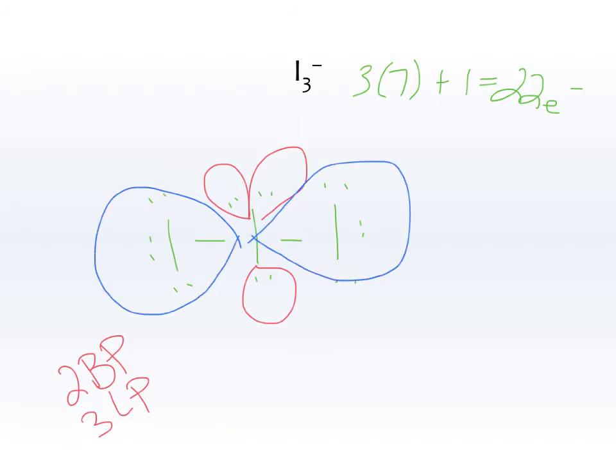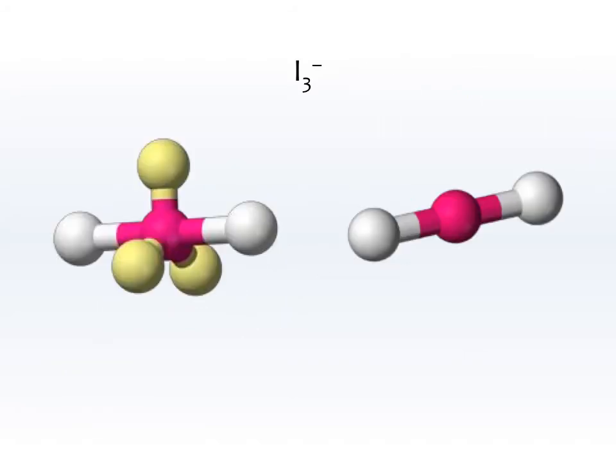So we have that basic trigonal bipyramidal shape, except that now 3 of our atoms have been replaced by lone pairs. These are definitely symmetrical lone pairs, so even though this is a giant ball of negative charge, it's not affecting the angle of the other 2.